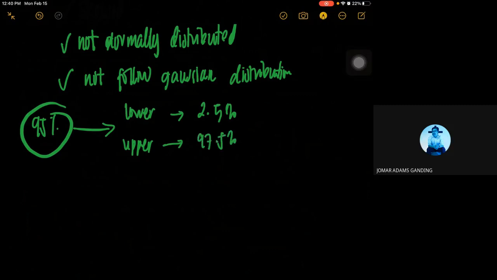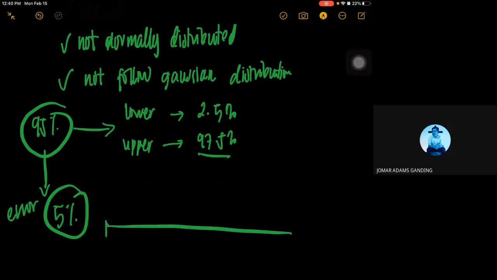Maybe some of you are wondering, sir, why 2.5 and why 97.5? I want you to remember this. 95% means 5% error, and if we divide that, of course you have one end and the other end, so that is the 2.5% error and the other 2.5% error.